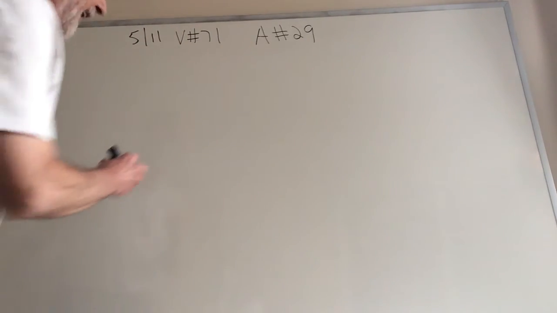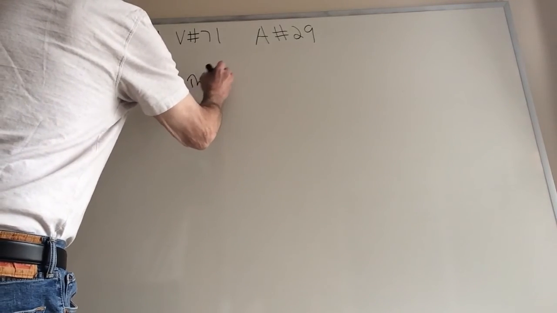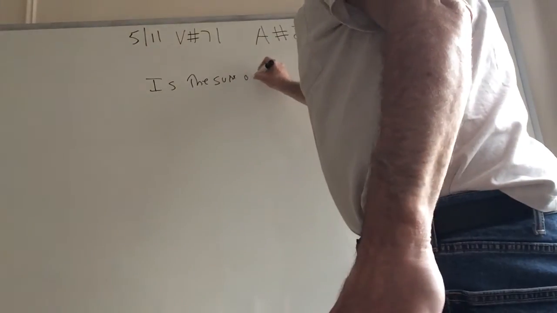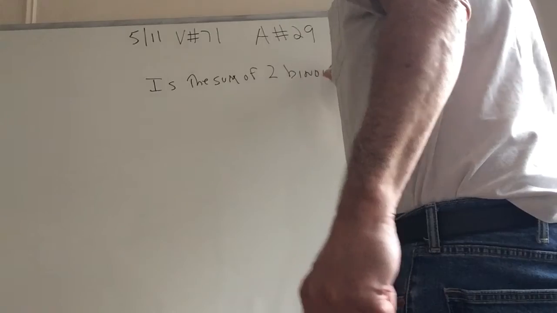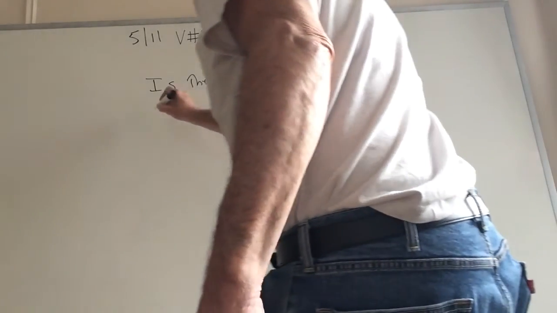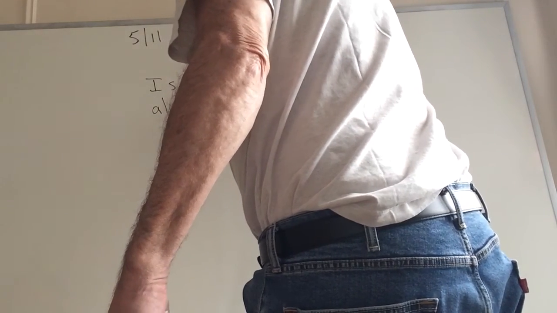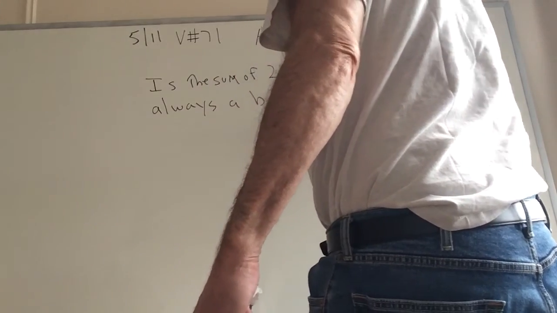So it says, is the sum, let me get out of your way here, of two binomials, because this is what makes math fun anyway, right guys? Is the sum of two binomials always a binomial? So you can think about that for a second.